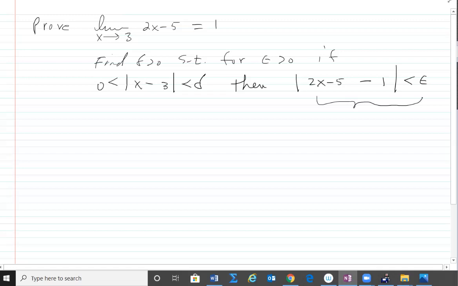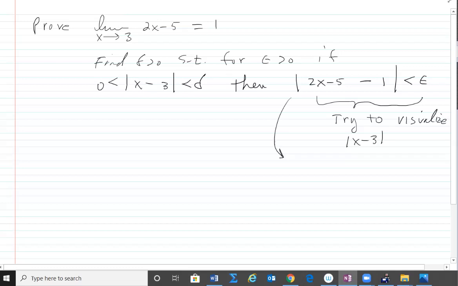We start with this and try, this is an algebraic approach, to visualize this expression. And then from there we may be able to find what we need to set delta to make this happen. So let's try this.